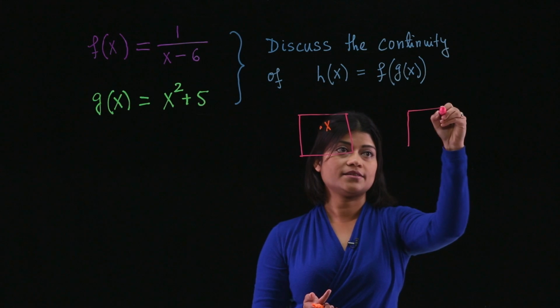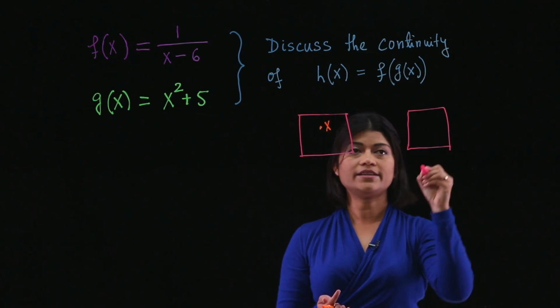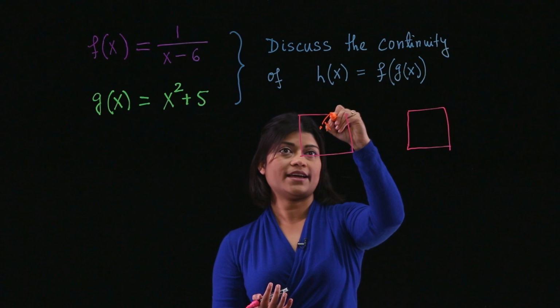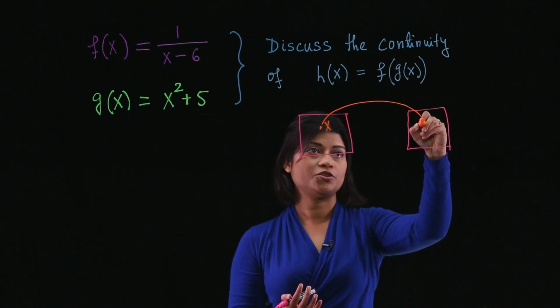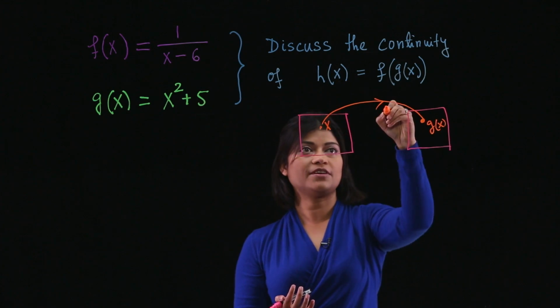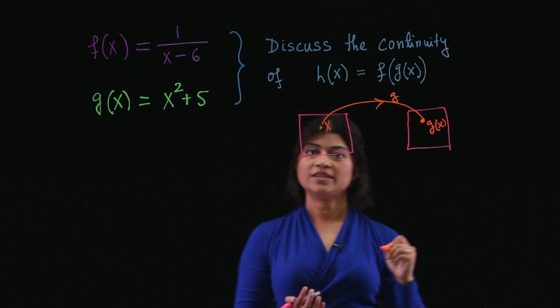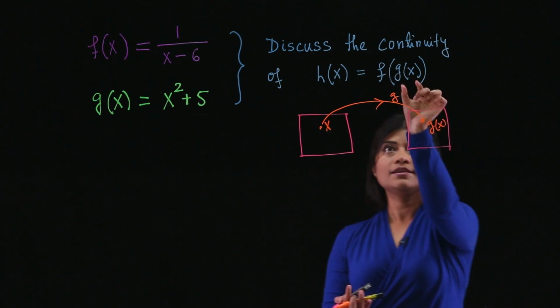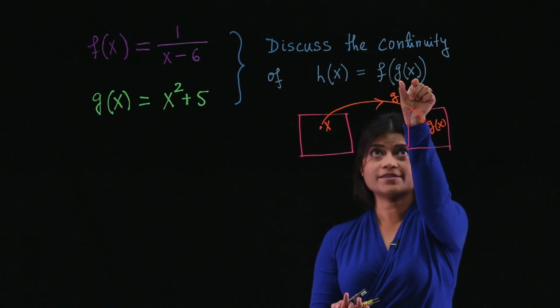So this next set will contain g of x. We'll take this x and map it to g of x. This is the function g that's applied here. So x is taken to g of x. Now you have this value, g of x.